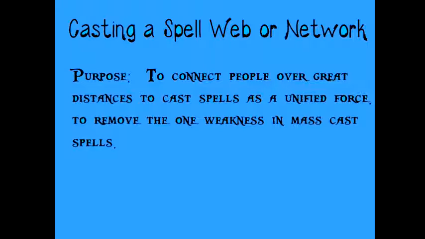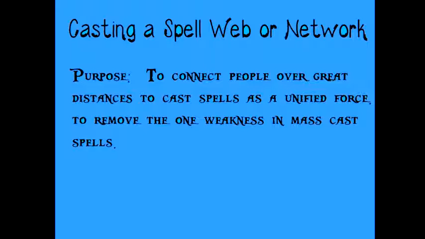And we would then have the same intent, which would match up our energies, and we can send them out as a force of 1. And then once that second spell, the main intended spell, is done, you can do as you usually do when you're ending a ritual, closing the circle, and so forth.